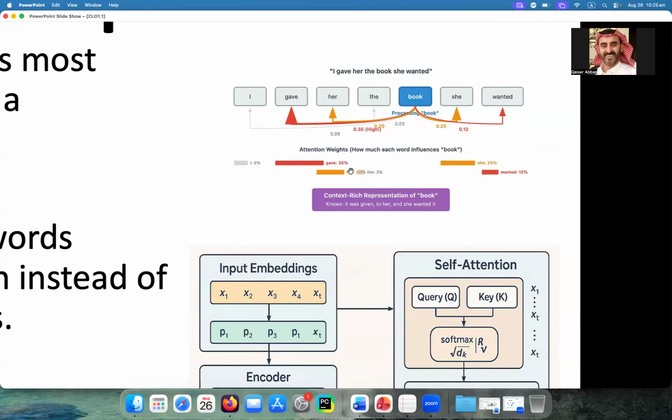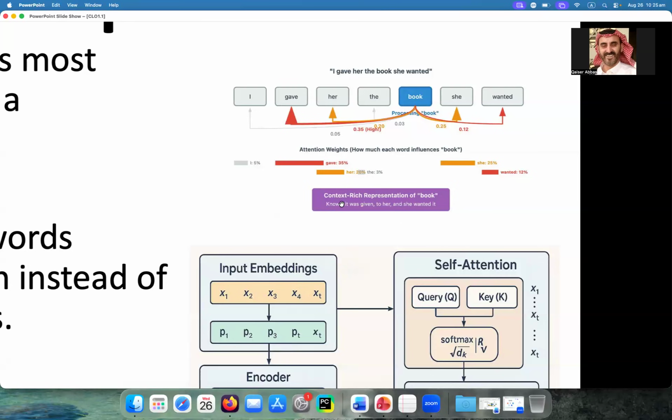You can identify that gave, wanted, she, her are the important words with higher probability. From the probability values, from higher to lower, you can identify that these are the important ones and these are the less important ones.